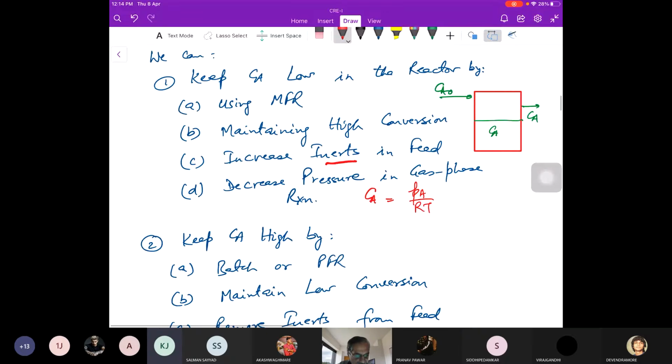Any questions on how to maintain low Ca in the reactor? Conceptually, you should understand. Sir, why did we take low Ca, I didn't understand that. We'll see when we need low Ca, but first understand how to keep the concentration low if it is required. Then we'll see when to keep it low and when to keep it high. That is the second step.